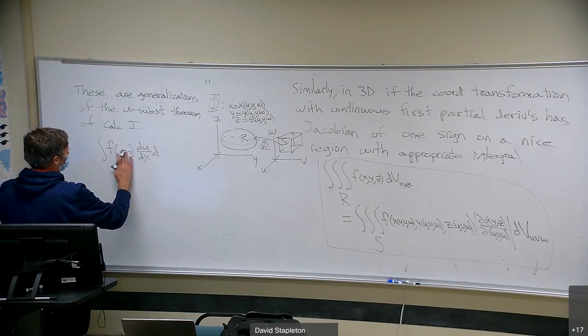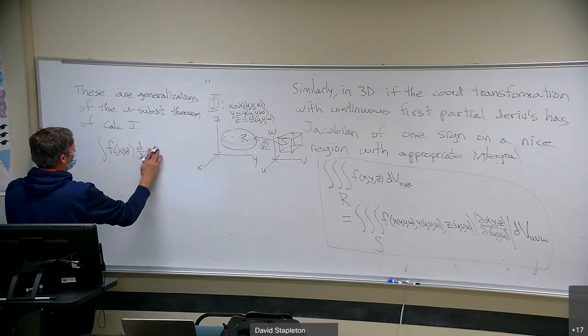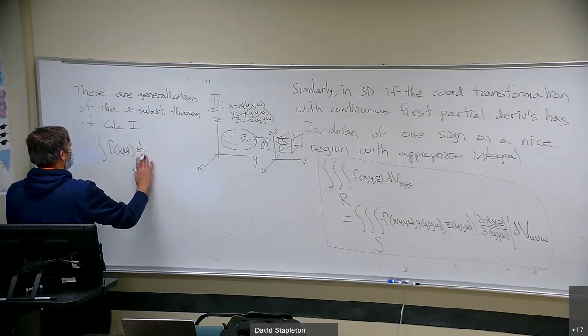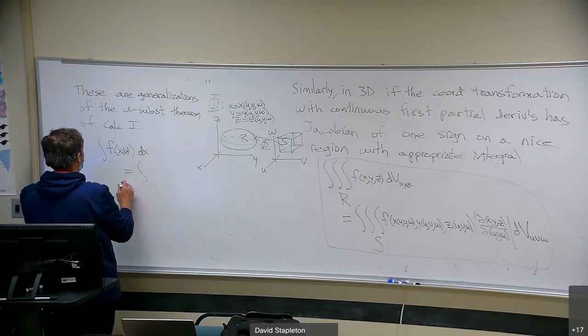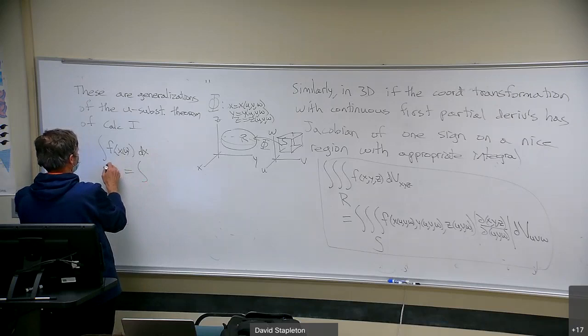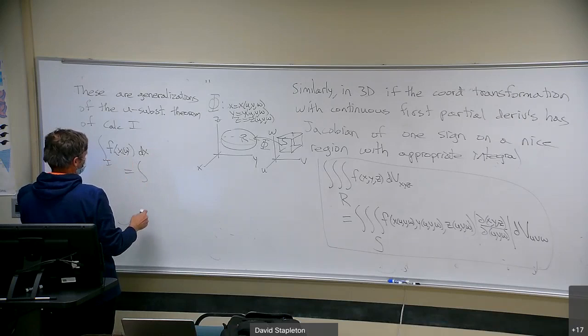Let's write it backwards. F of x of u dx. I could rewrite this as an integral over whatever interval I along the x-axis.